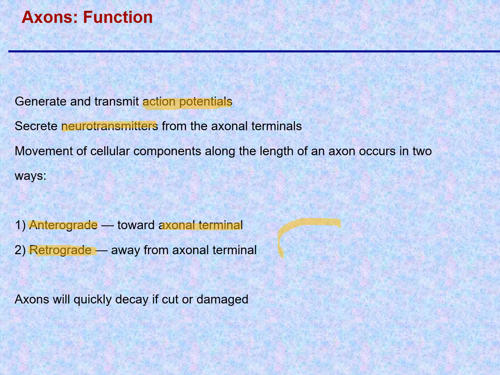If you have a neuron with an axon like that, I'm not going to draw the many dendrites, but if it gets cut, then all this area here will disappear. So it'll quickly decay. The rest will be all right, but the extension from the point where it was cut will decay.